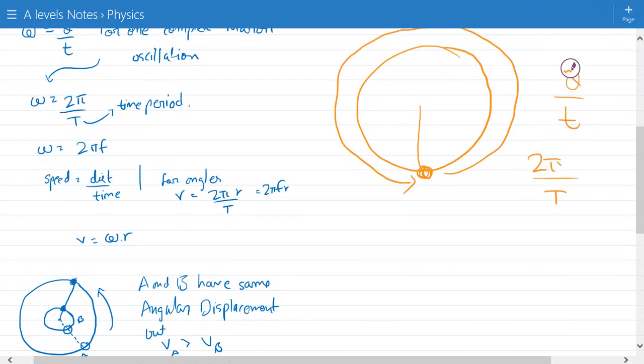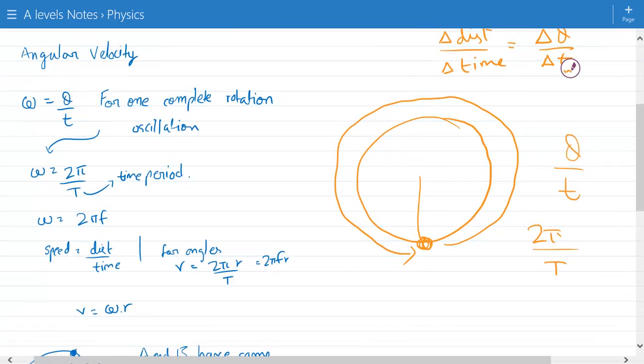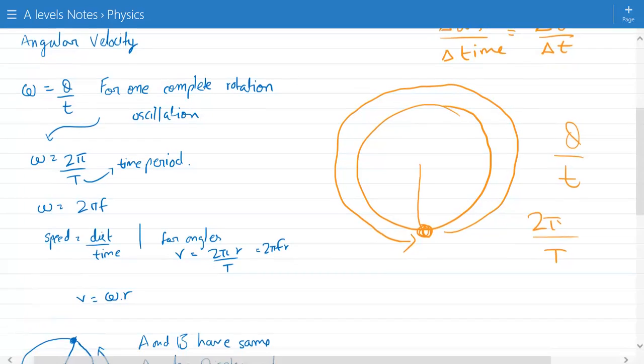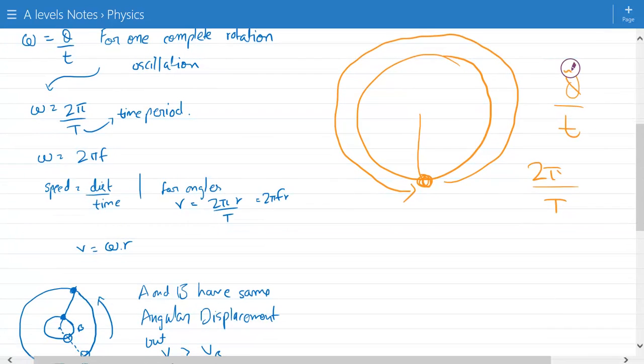Then you come across this little concept saying, well, what's the speed essentially of this thing moving around? Because right now all we know is the angular velocity and the angular displacement, how many radians it moves per second. But what about the actual distance? Right, so that's given by a simple derivation.